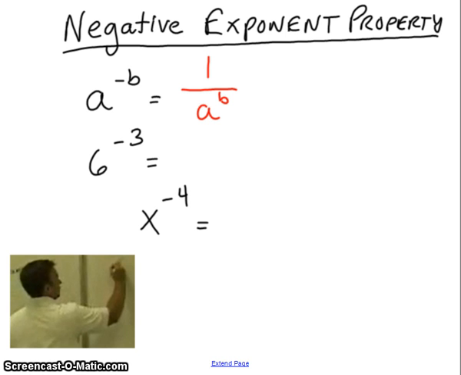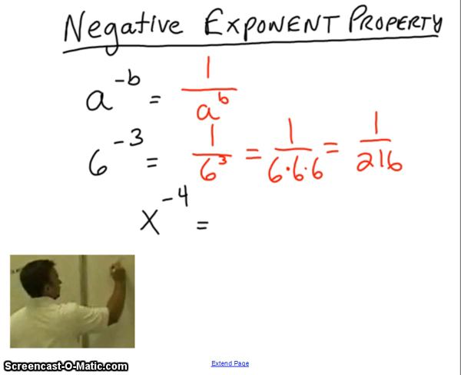So 6 to the negative third is 1 over 6 to the third. If you want to simplify that, it's 6 times 6 times 6, which I believe is 216. So 1 over 216.